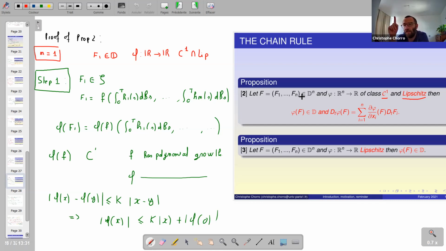This regularity, using proposition 3, will allow us to say that if I consider a stochastic differential equation, X capital T, considered as a random variable, will always be in the domain of the derivative operator.